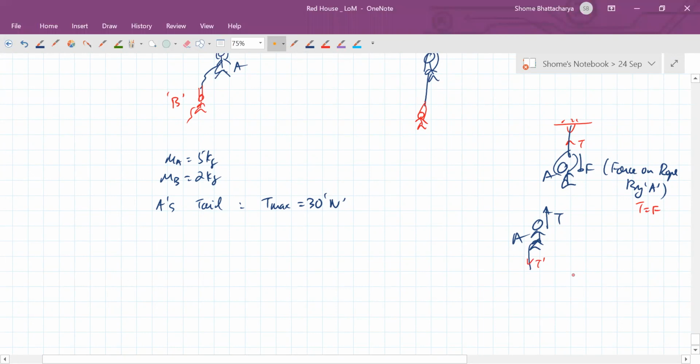So this is T prime. So T prime is the tension in A's tail, whereas T is the tension in the rope. Okay, so then this one below, and of course there's A's weight.